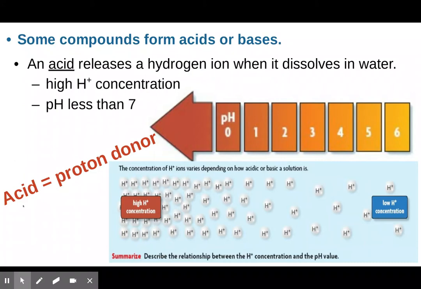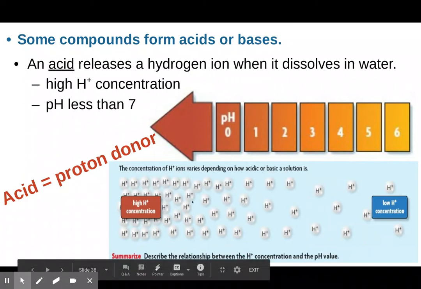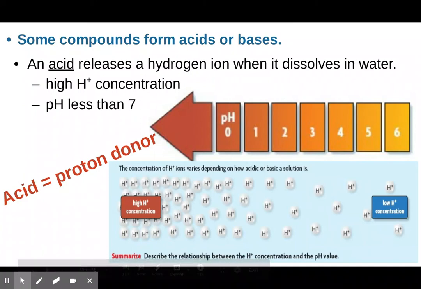And so we call an acid a proton donor. If it donates a hydrogen, in other words, it's going to release the hydrogen ion when it is dissolved in water. So if you look at an acid in water, you're going to see a bunch of hydrogen ions floating around because they were released.